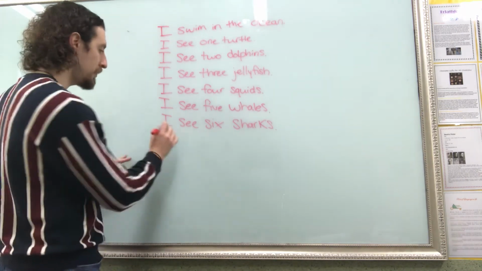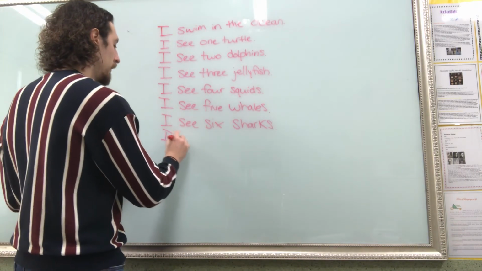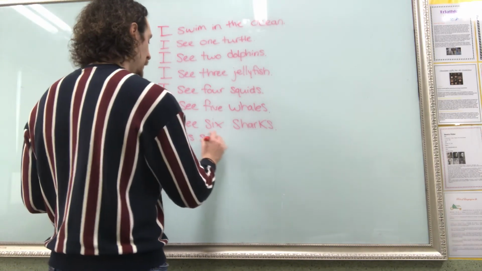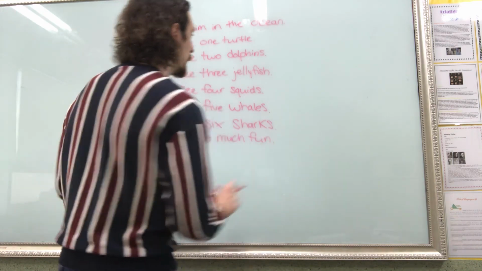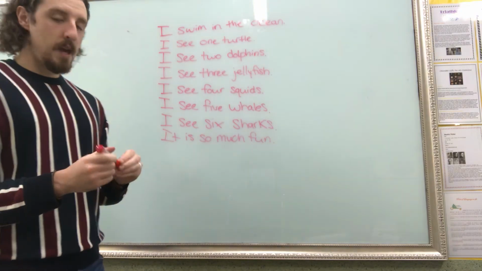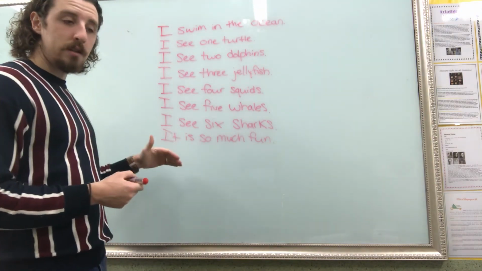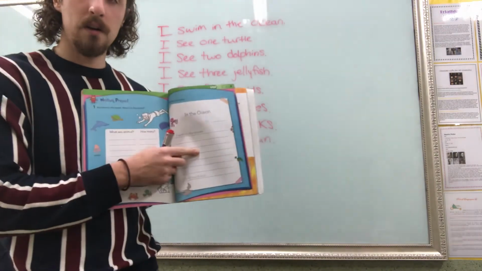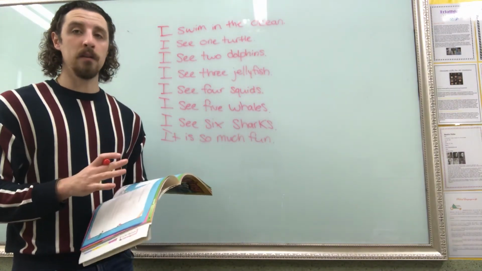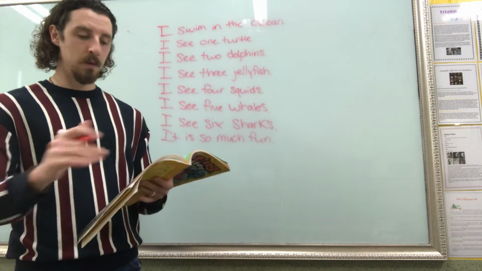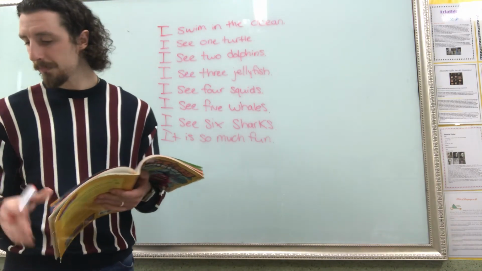It is so much fun. Now, if you cannot fit all of this in this space here, that is okay. Write as much as you can and then send a picture and we will correct it, okay?